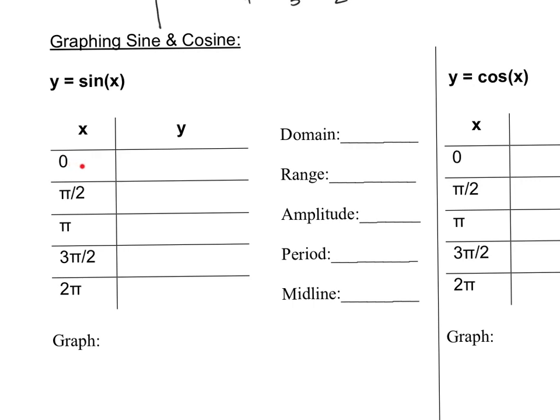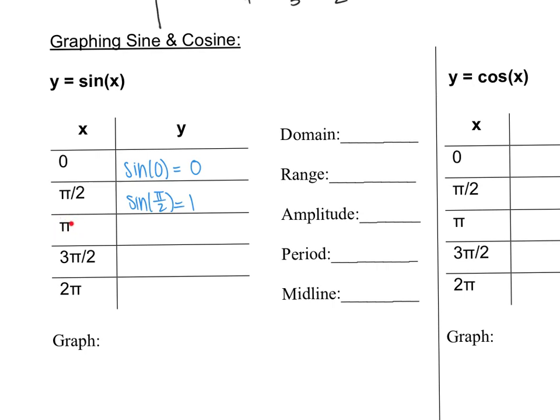Again, I'm going to plug these numbers into my function because I want to graph sine of x on a coordinate system. So I'll plug in sine of 0, and this was 0. Remember, sine is the y values on the unit circle. Sine of pi over 2 is 1.